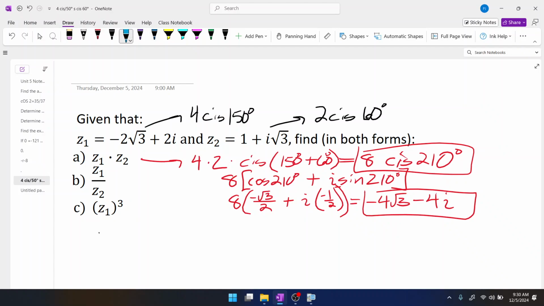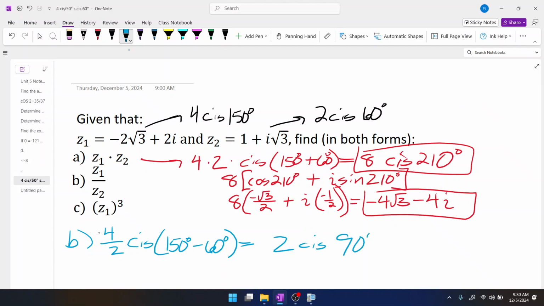For Z1 over Z2, it's literally going to be 4 divided by 2 times cis of 150 minus 60 degrees, or 2 cis 90 degrees.